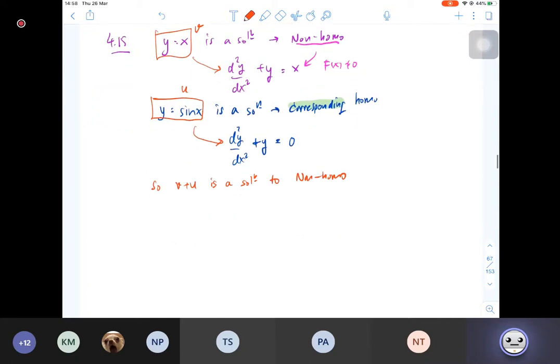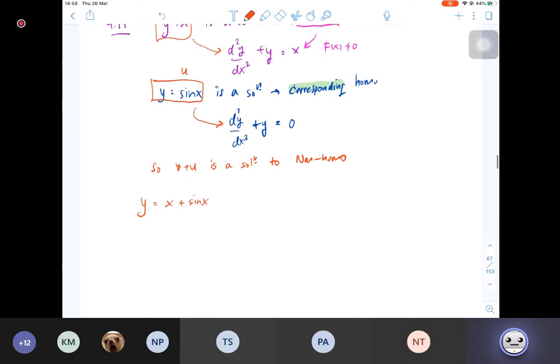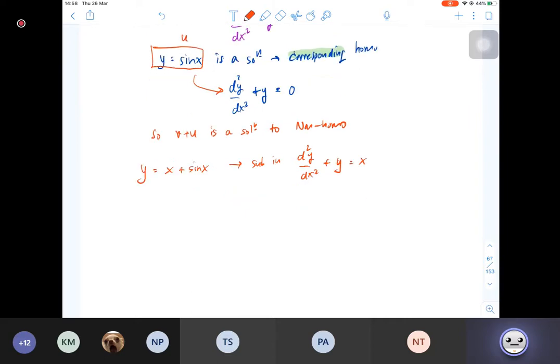Okay. So if we take V plus U, you would get x plus sine x. And we would like to substitute in the non-homogeneous differential equation. We have already y, so we're going to need to find d squared y by dx squared, or the second derivative.